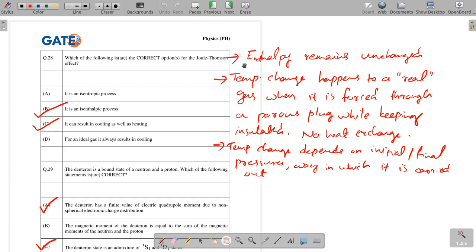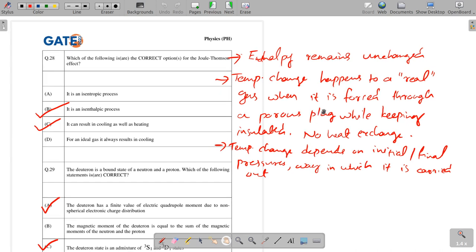Basically you pump some fluid through some narrow hole. The temperature change happens to a real gas when it is forced through a porous plug, a small hole you can imagine, while keeping it insulated from the environment. So there is no heat exchange actually happening.